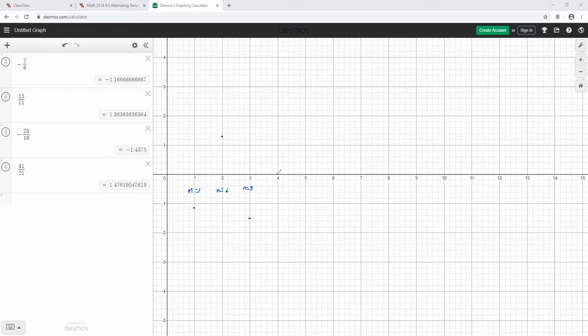And we only have 4 written down. When n equals 4, we get 1.47 something. So here's 1.2, 1.4, 1.6 is too much. So it's right in here somewhere.